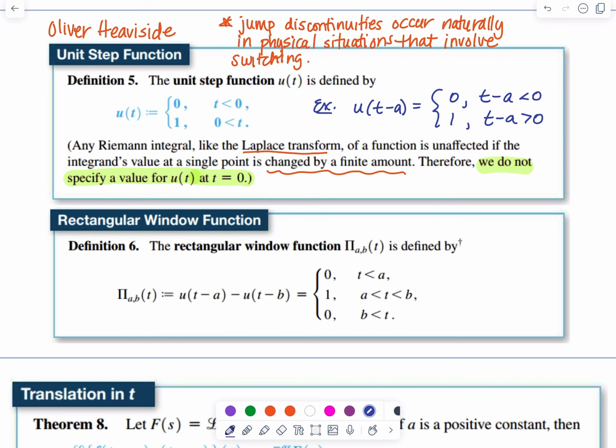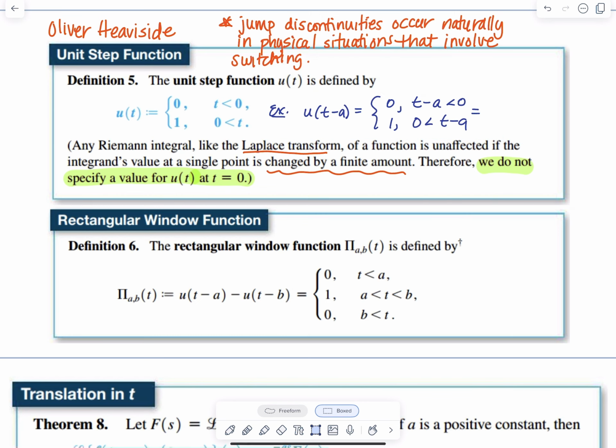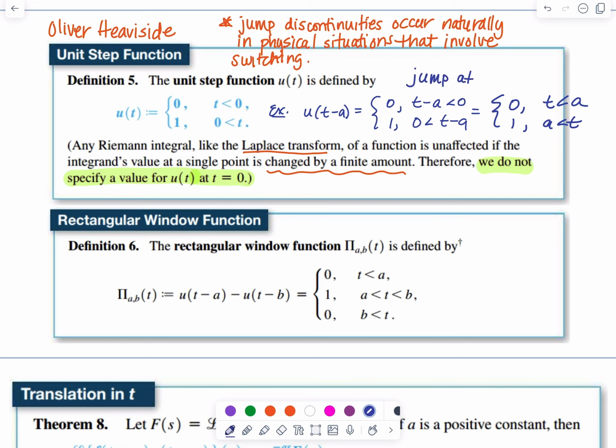I'm going to keep with this same format, putting the 0 first. And this is just equal to 0 for t less than a and 1 for a less than t. So now here we have a jump at t equal to a. And here we have a jump at t equal to 0.